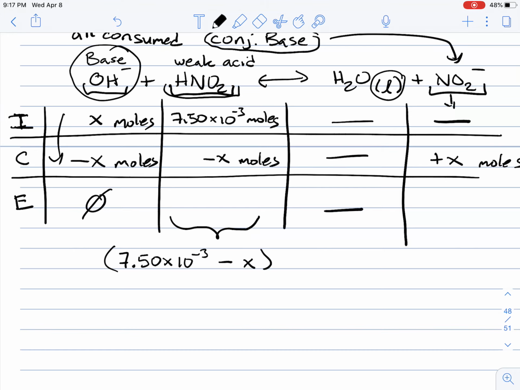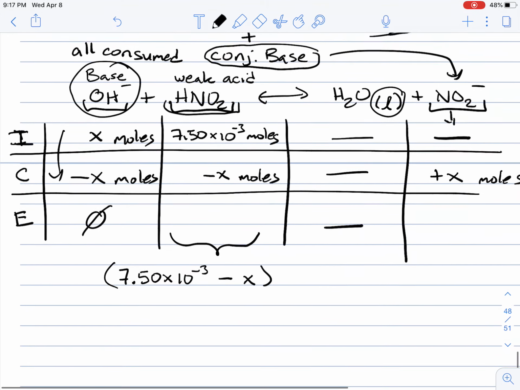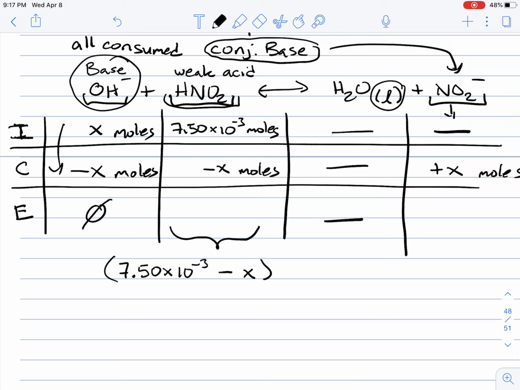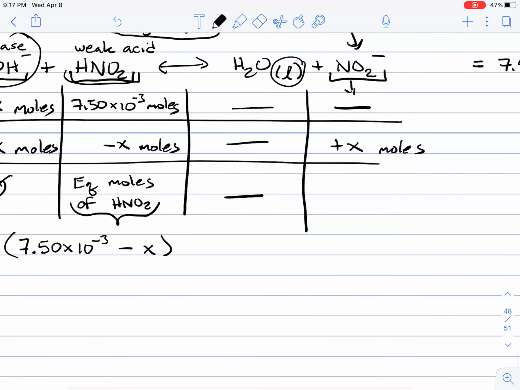That is the expression that represents the equilibrium moles of HNO2. Adding downwards in the last column, I just have x moles of NO2 minus.